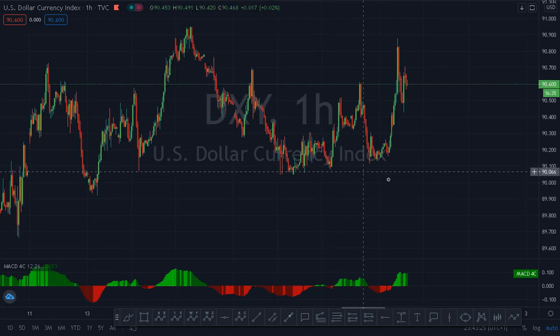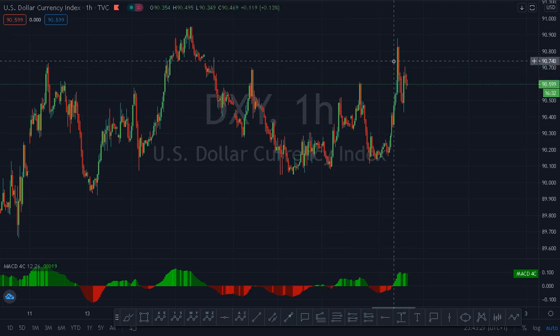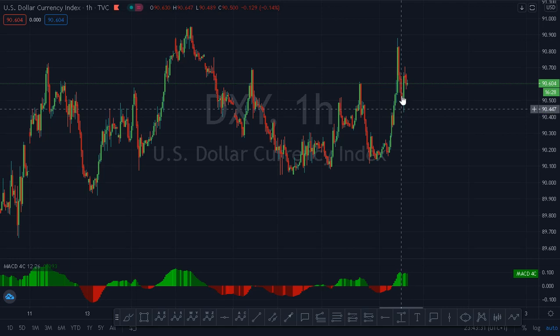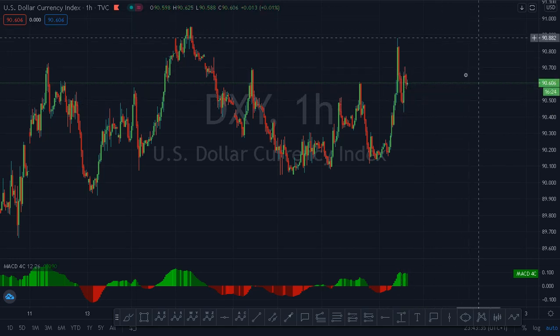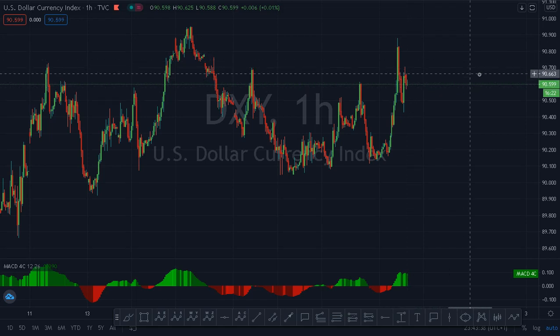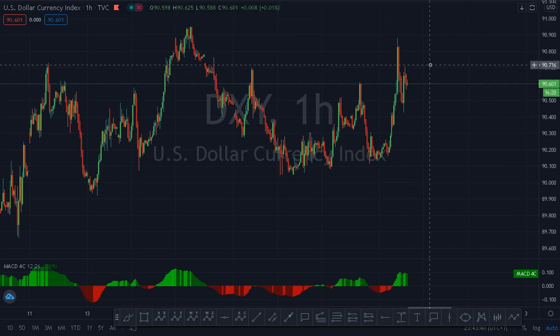And I wonder why you can see some strength. This move is strong, though there was a counter move. So we may have something like this, something like this, that is, it may consolidate before it goes up again. But for now, I don't see it coming down. For now, okay.